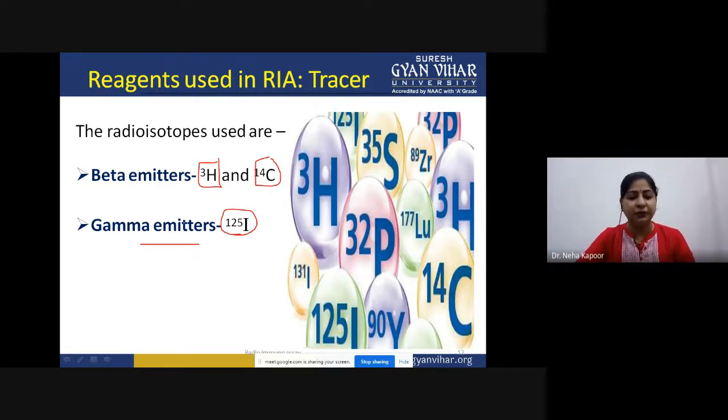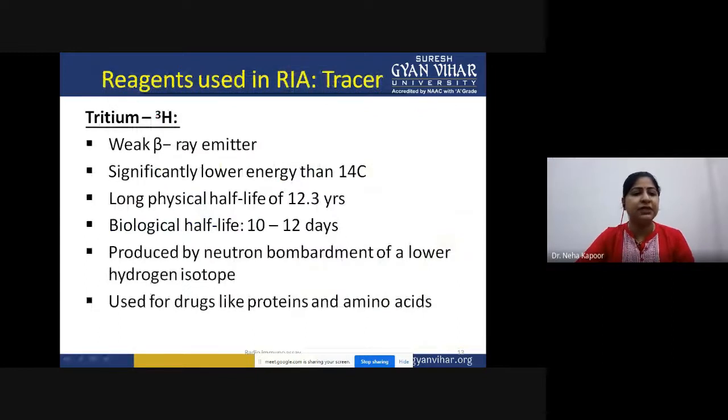Starting with the first, tritium. Tritium is a weak beta ray emitter because it emits beta rays. However, its energy is way lower than that of C14. However, it has a long physical life. That means it can remain active for 12.3 years. However, its biological life is around 10 to 12 days.